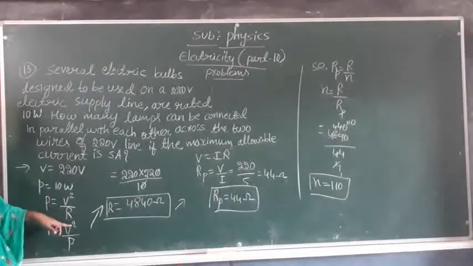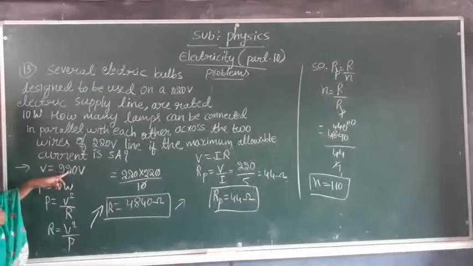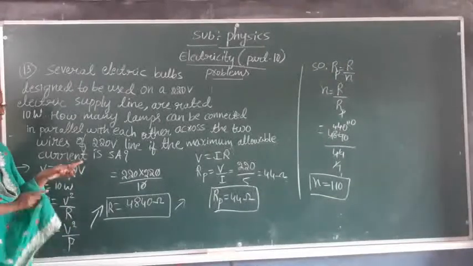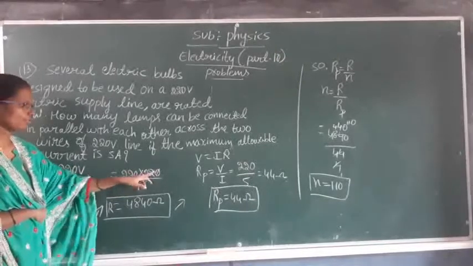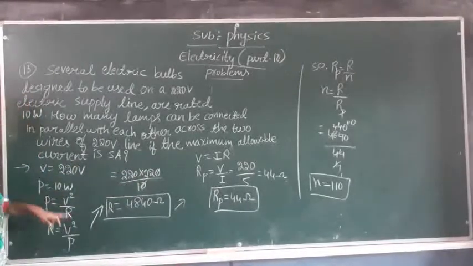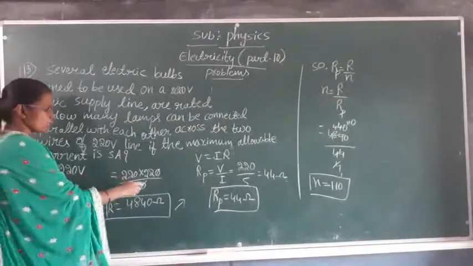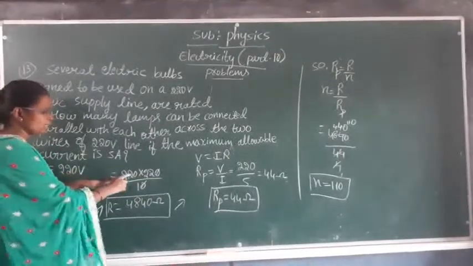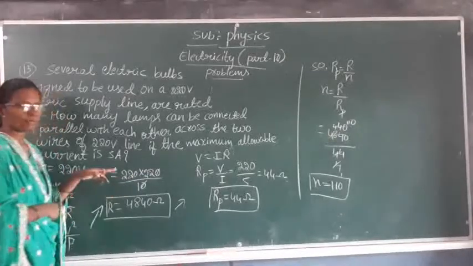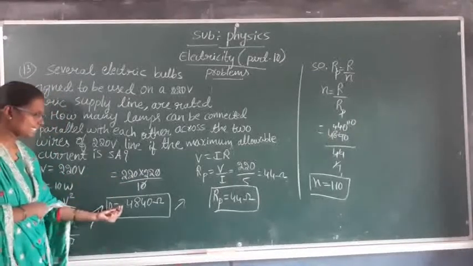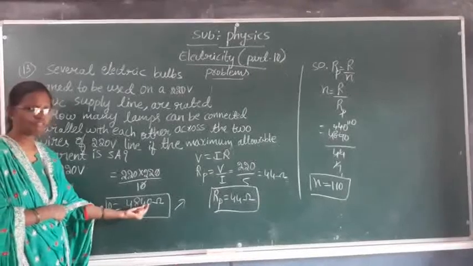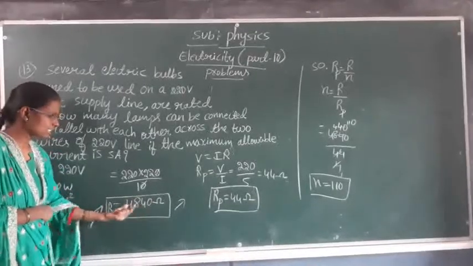V is 220, so V square is 220 into 220, divided by P, which is 10 watt. Here the zeros get cancelled. So 220 into 22. If you multiply this, you get the answer 4840. So this is the resistance value.